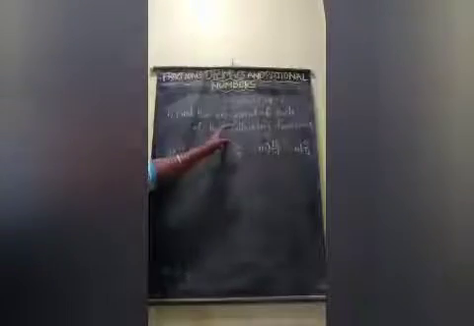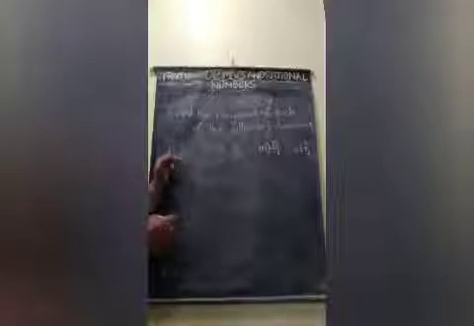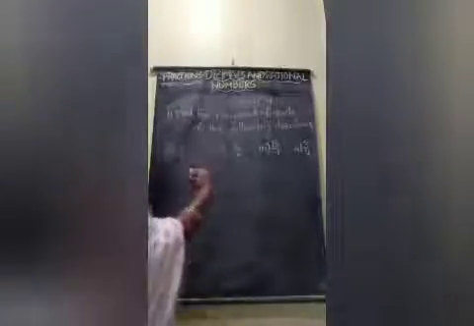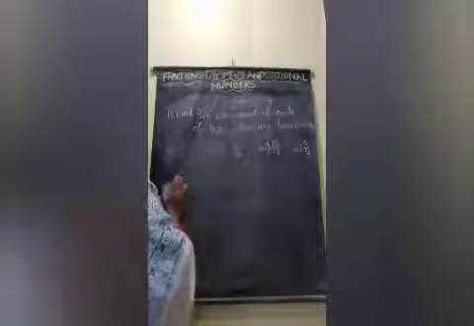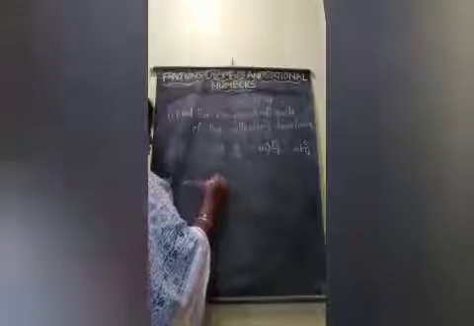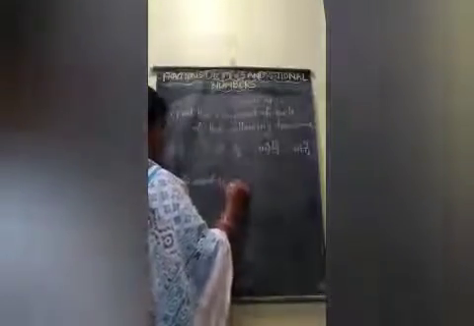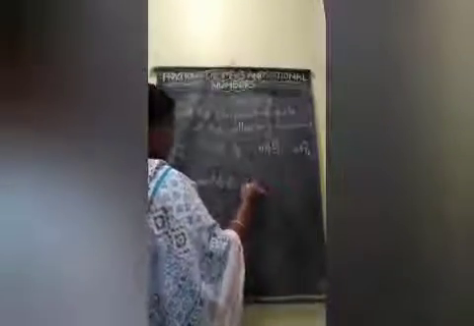Find the reciprocal of each of the following fractions. How to find it? The reciprocal of 5 by 8 is 8 by 5. Next, the reciprocal of 8 by 7 is 7 by 8.